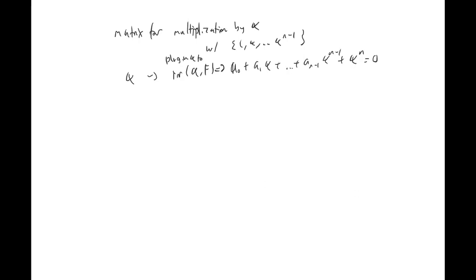This is easy, because if I let the rows denote the coefficient for 1, the coefficient for alpha, the coefficient for alpha squared, then you just look at what multiplication does to each element. So if I multiply 1 by alpha, what do I get? What is 1 times alpha?